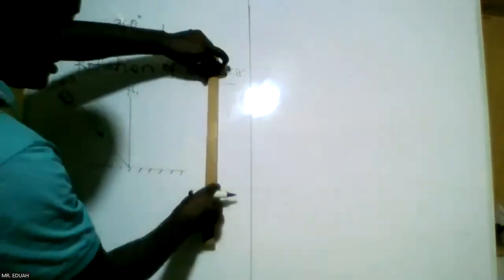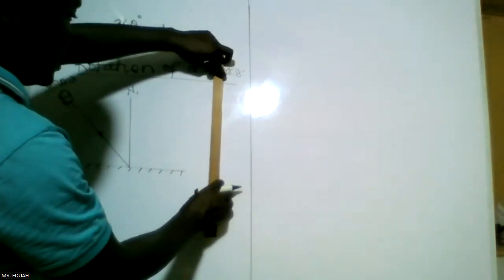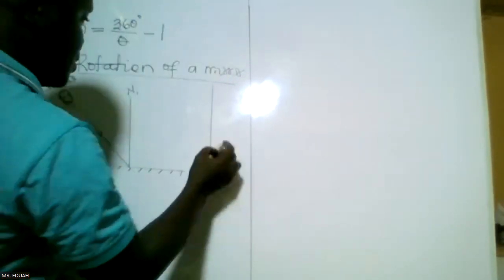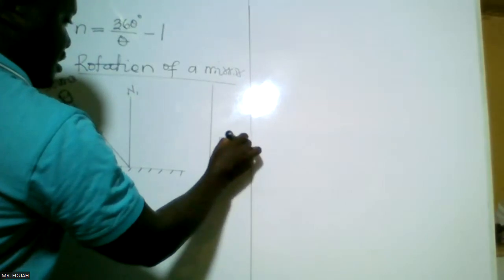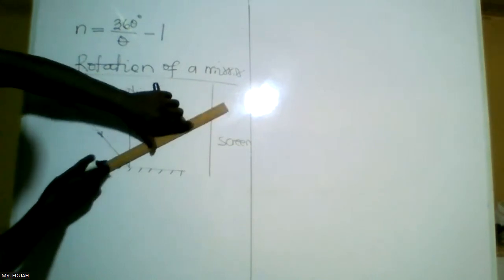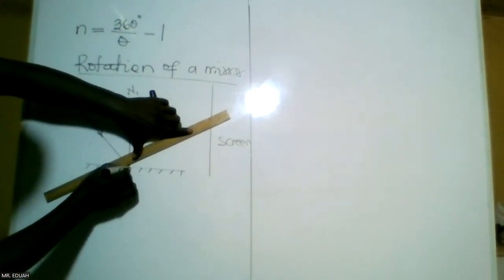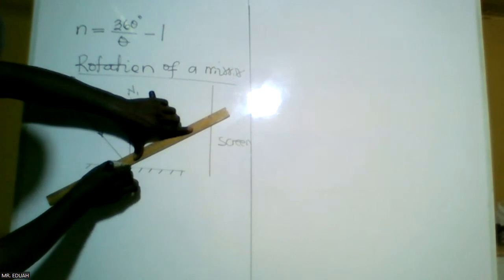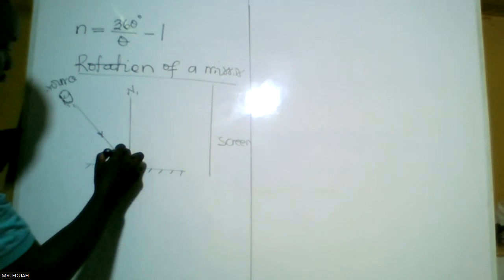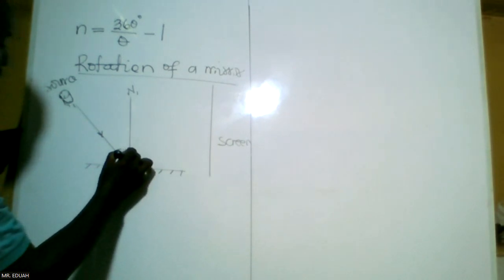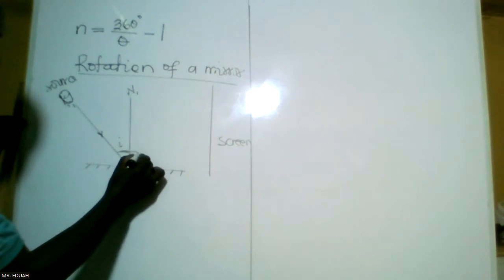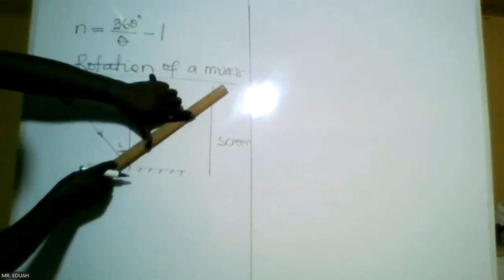Now, if we have a screen here, this is a screen. The screen is something which captures an image. So when the light hits the mirror, it can reflect. This is the angle of incidence, I. And there's the angle of reflection.